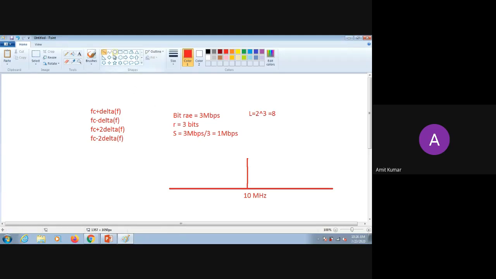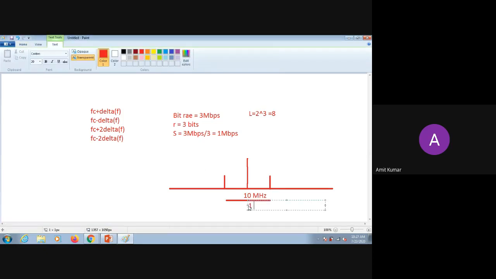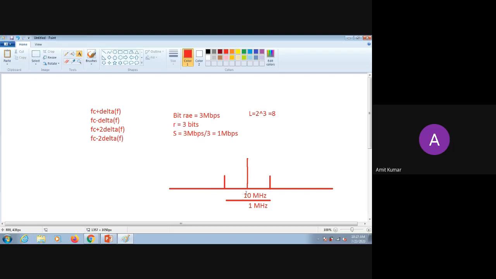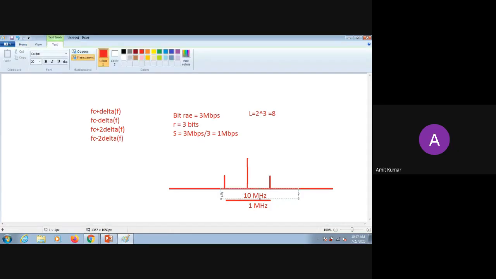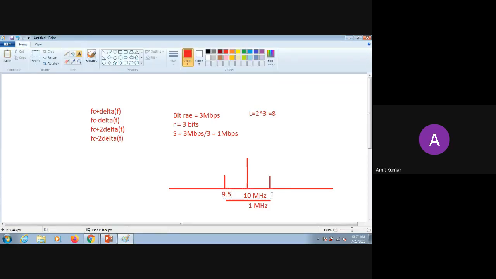So here it is fc minus delta f, and here it will be fc plus delta f. The separation between these two will be 1 megahertz. So here it will be 9.5 and here it will be 10.5 megahertz.